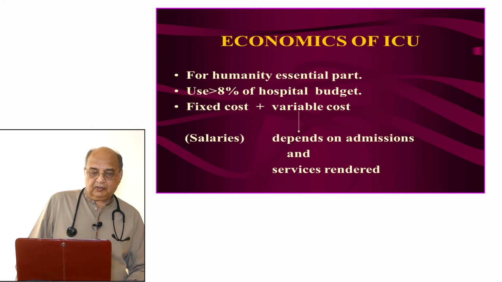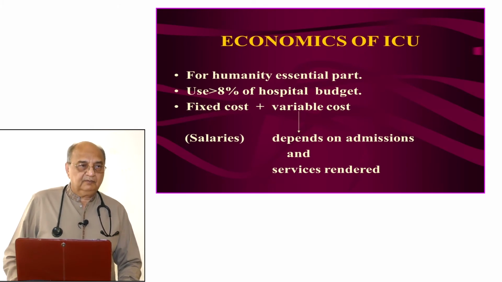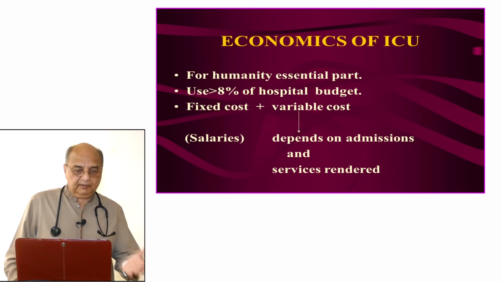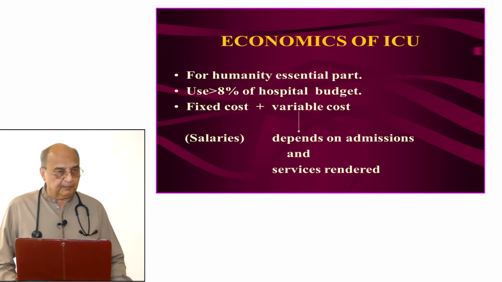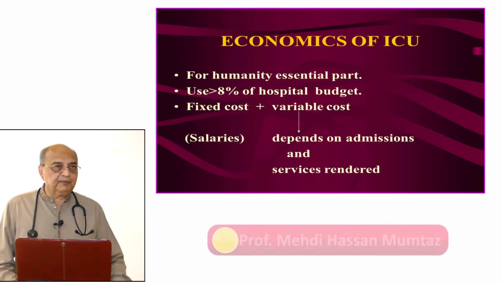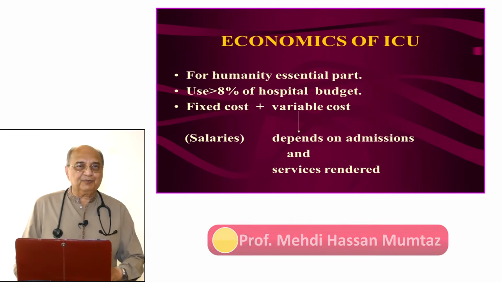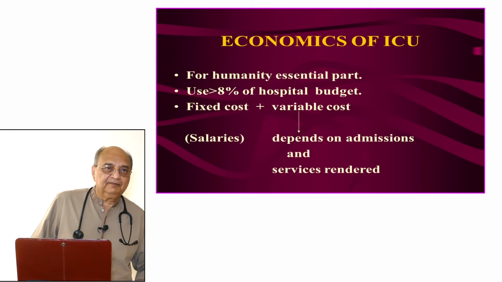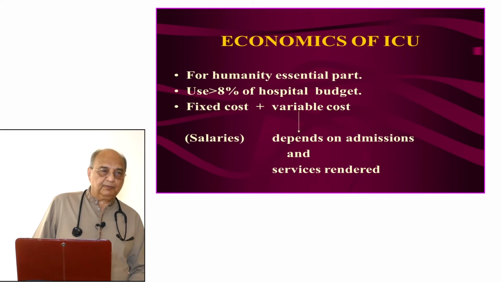Now the variable cost in the private hospital is borne by the patient, and the fixed cost is borne by the hospital. Of course, they will have to generate the funds from the 8% of your hospital budget, then see how much you are saving on it. After looking at the services you are providing to the patient, it's nothing we are charging from the patient at Medicare Hospital.